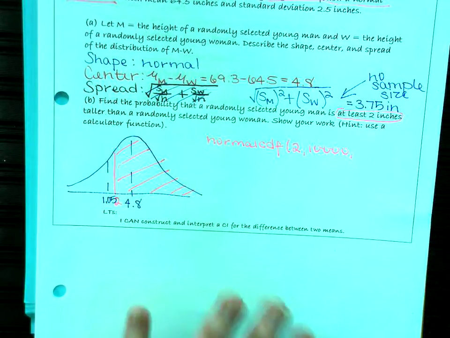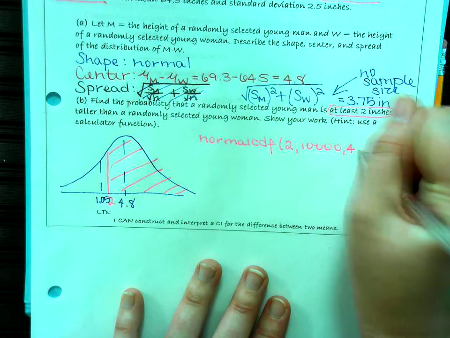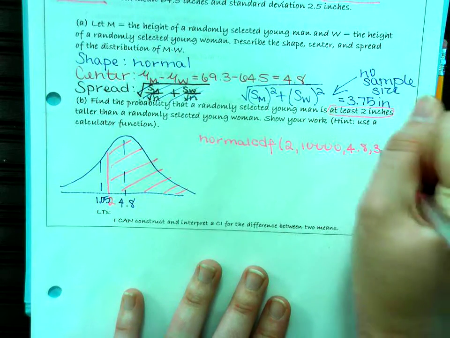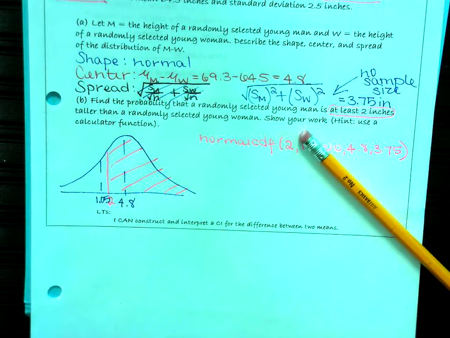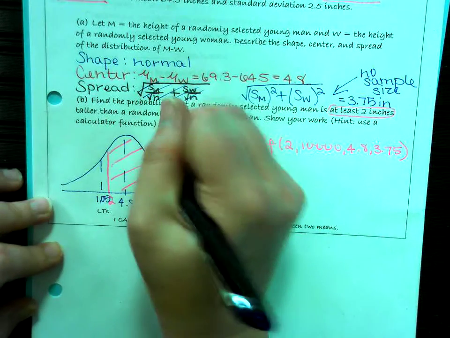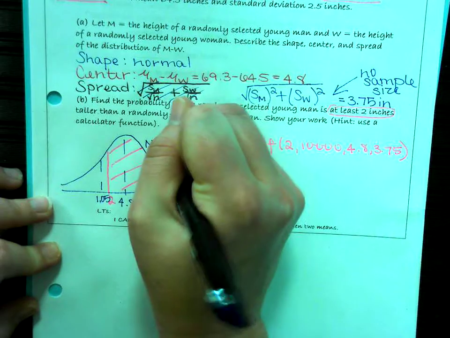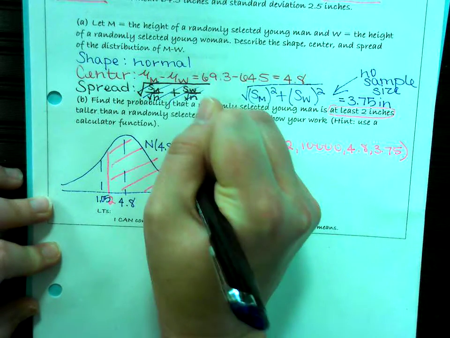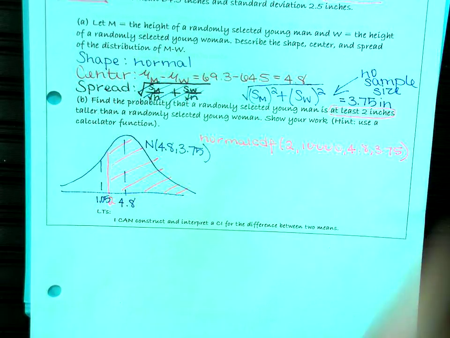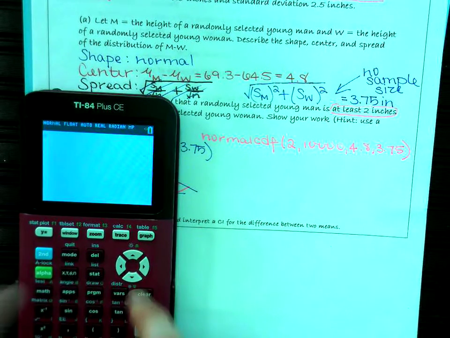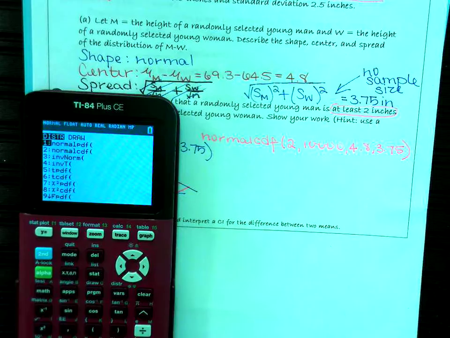Mean? Standard deviation? And really, we should label this with 4.8, comma 3.75. So, normal CDF is under second bars.